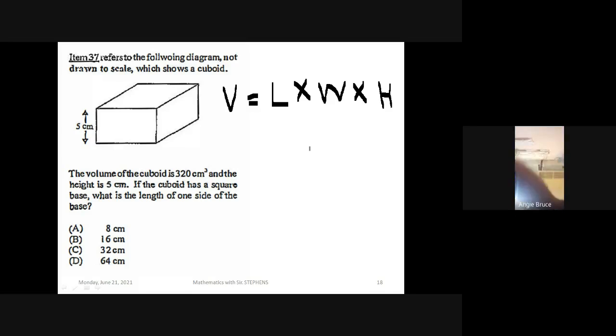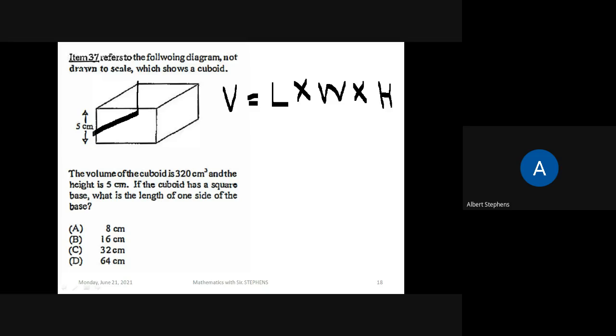Because the shape would have 4 sides, sir. Oh, 4 sides? It's not 4 sides, you know. It's a cuboid. It has a lot more sides. You have left, right, 1, 2, 3, 4, 6.